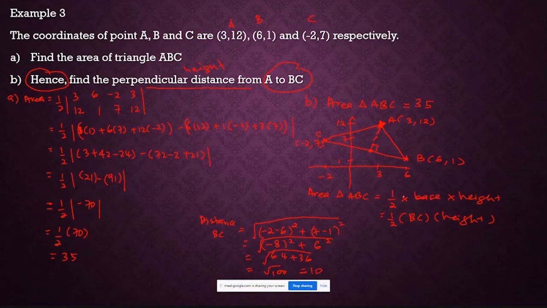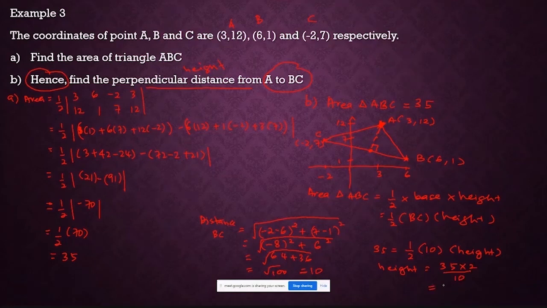So since you have the area here, area equals 35, we substitute into the formula: 35 equals 1 over 2 times 10 times height. So height equals 35 times 2 divided by 10.